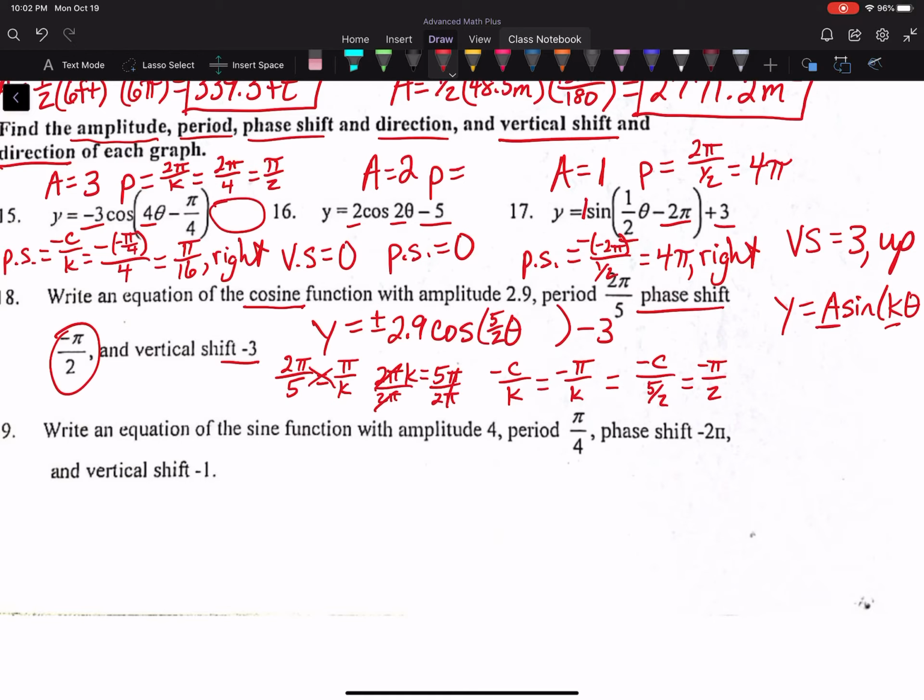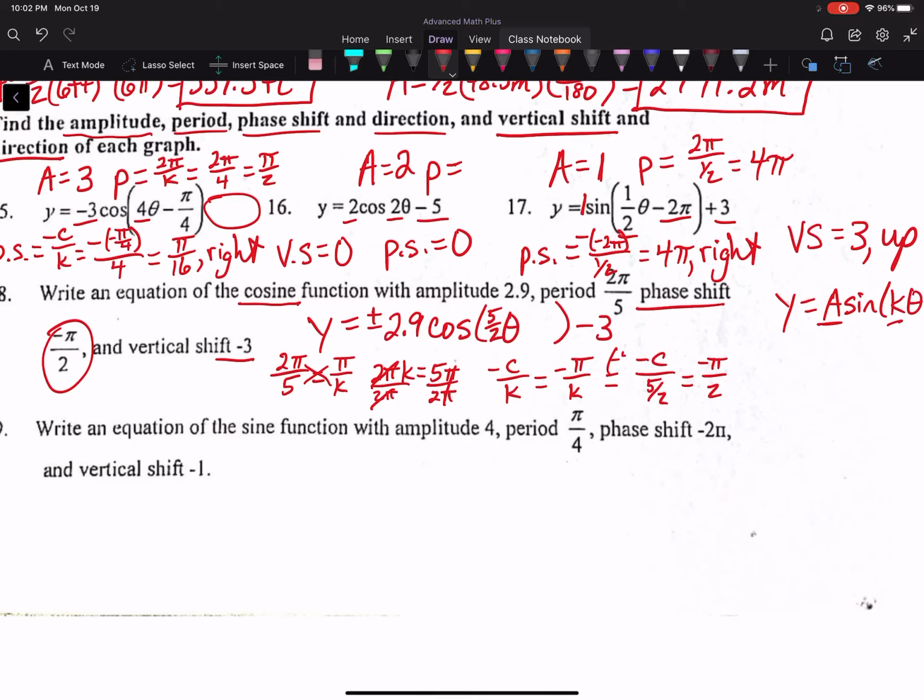Basically we're just going to multiply both sides by negative 5 over 2 to cancel out that negative. When I do that, those cancel, and c is positive 5 pi over 4. So I'm just going to put plus 5 pi over 4.